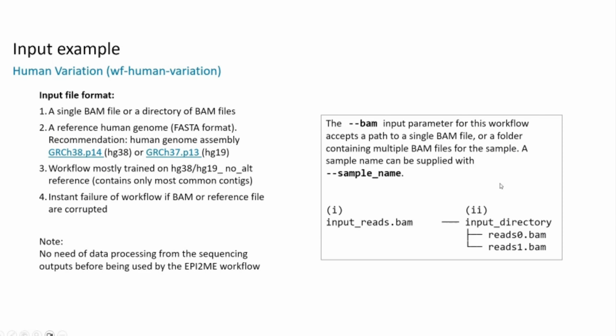So once the sequencing is done, we might have multiple BAM files from one sequencing run. It is also okay if we provide the pipeline with a folder containing multiple BAM files.